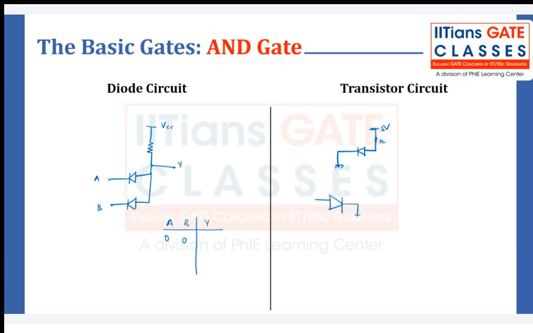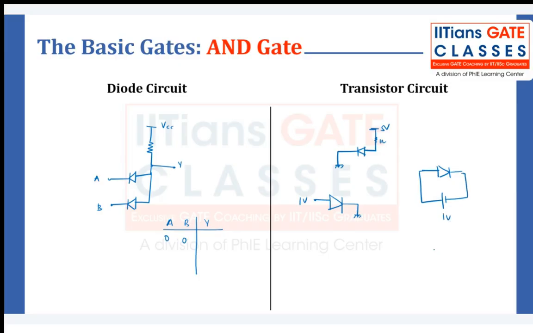I'll reframe the question. Tell me, 0 volt, 1 volt, is this diode on or off?